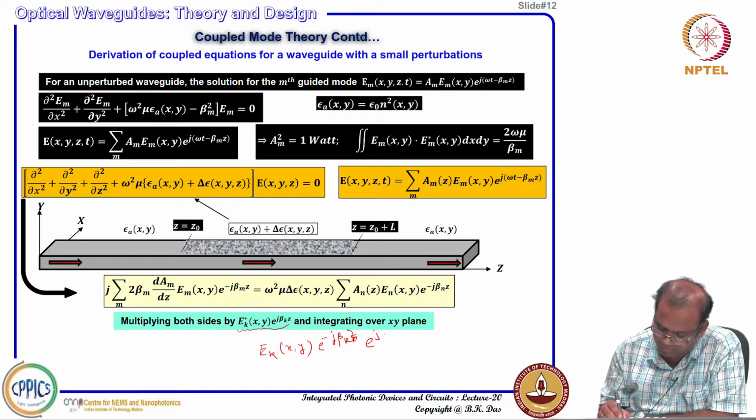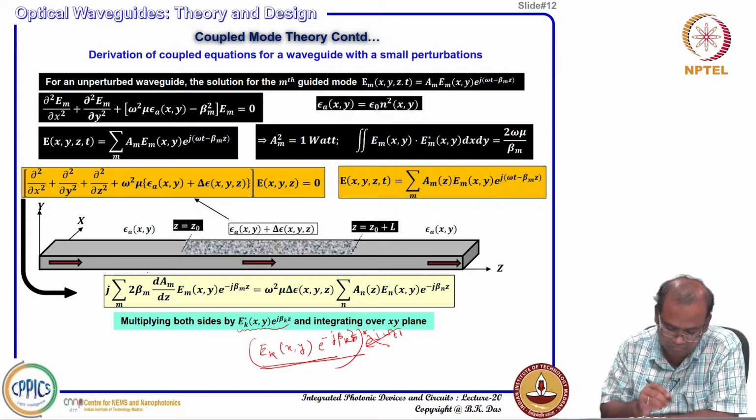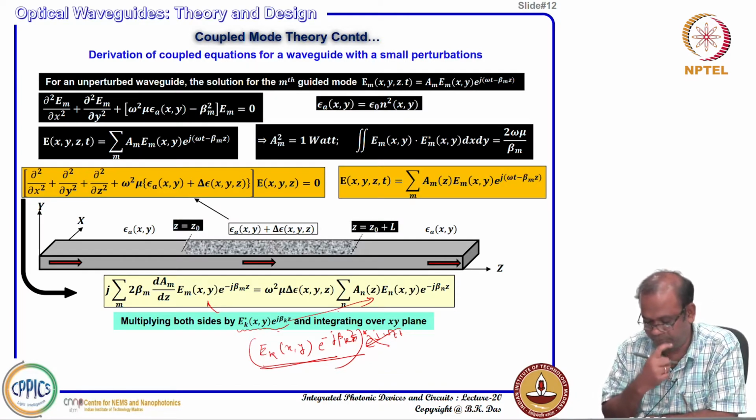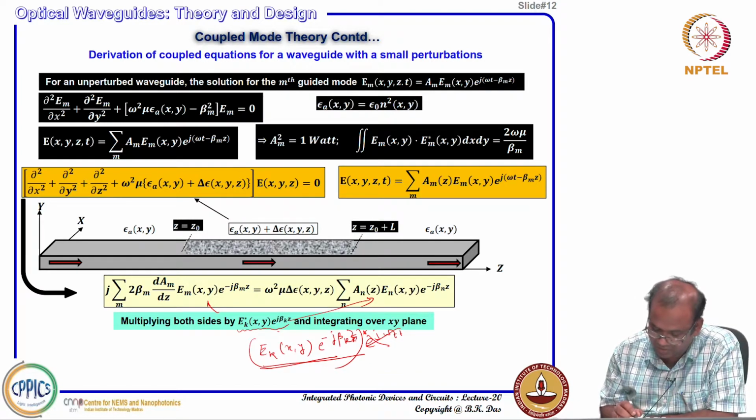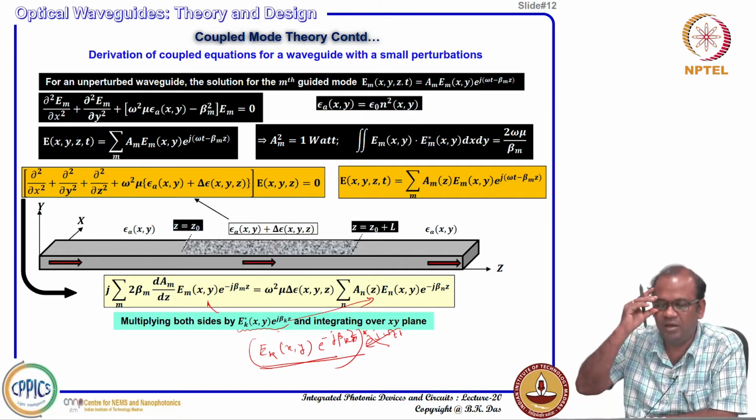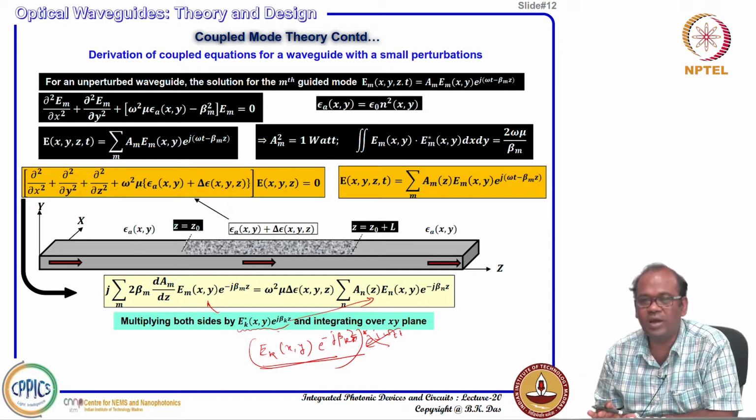Obviously, you can also multiply e to the power j omega t, that is fine, but I have already factored out e to the power j omega t on both sides, so I do not need to consider the time dependent part, only the space dependent part is there. So, I want to multiply both sides by this complex conjugate. I multiply this one on this side, and this one on this side, and then integrate over the xy plane. The reason will become clearer why I am doing so.